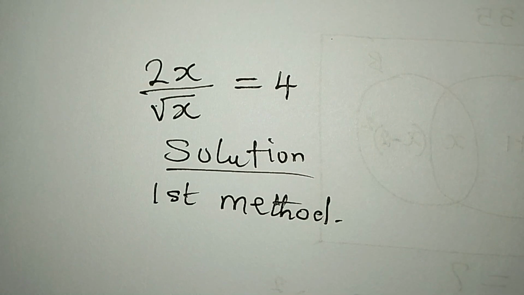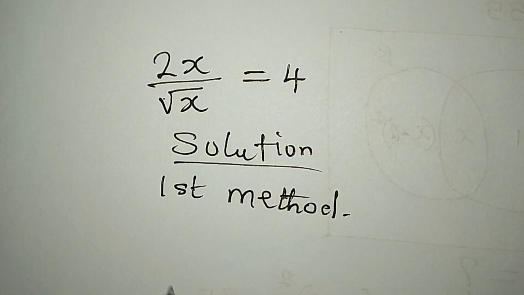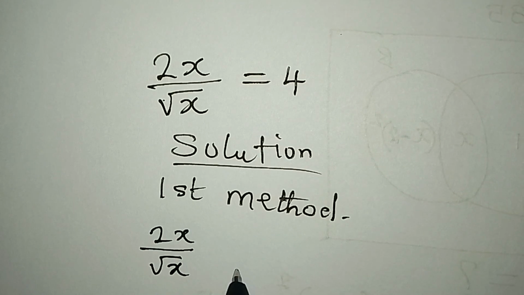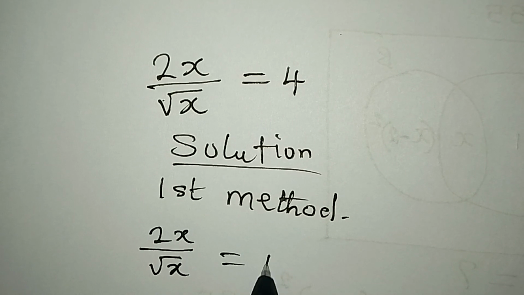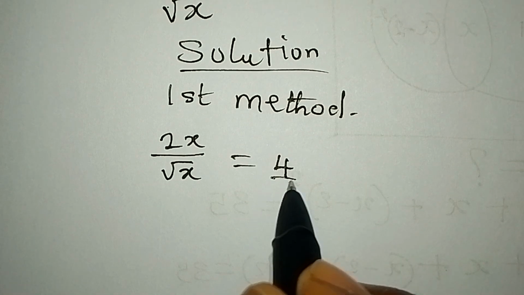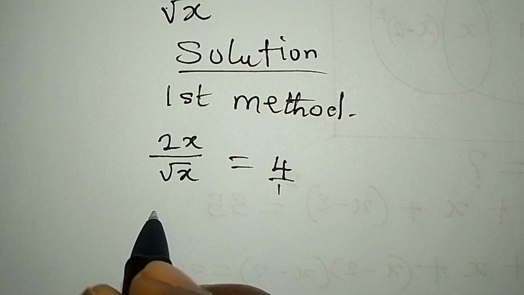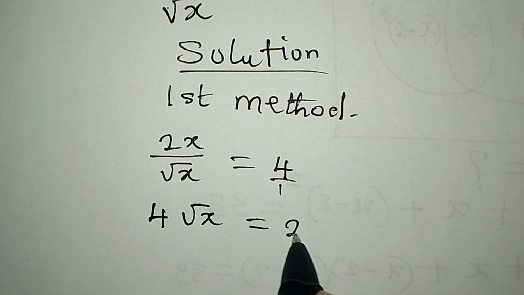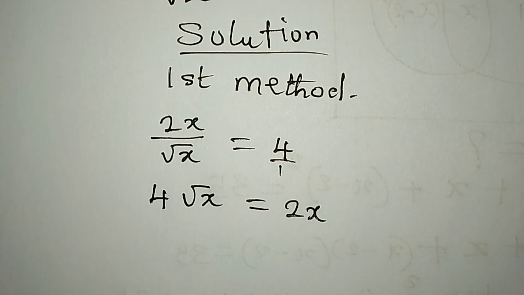The first method that I want to use: we have 2x over square root of x and it's equal to 4, right? The first method is to cross multiply because this is over 1. So we're going to have 4 root x to be equal to 2x.